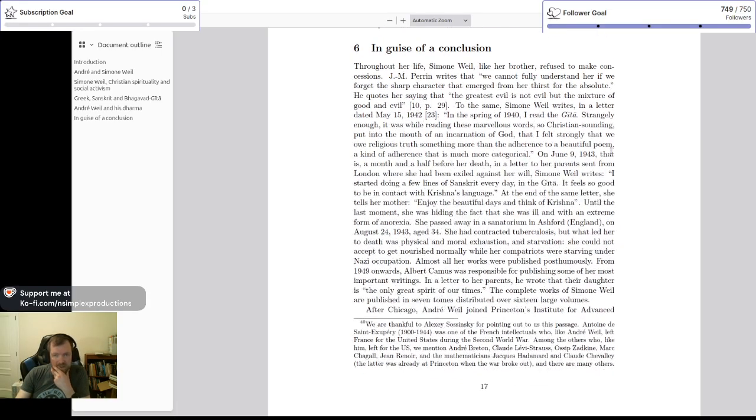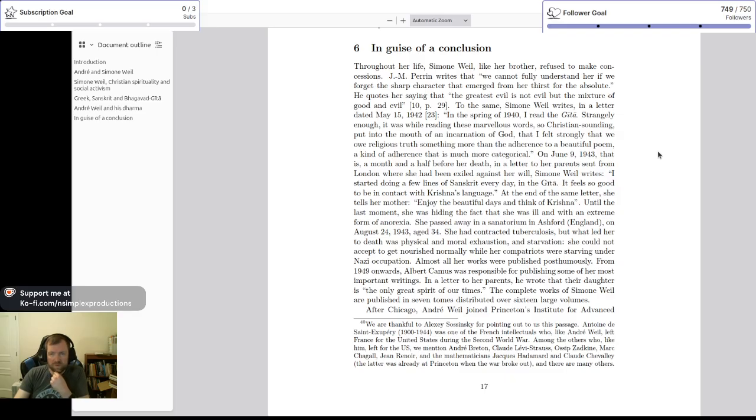In guise of a conclusion. Throughout her life, Simone Weil, like her brother, refused to make concessions. J.M. Perrin writes that we cannot fully understand her if we forget the sharp character that emerged from her thirst for the absolute. He quotes her saying that the greatest evil is not evil, but a mixture of good and evil.